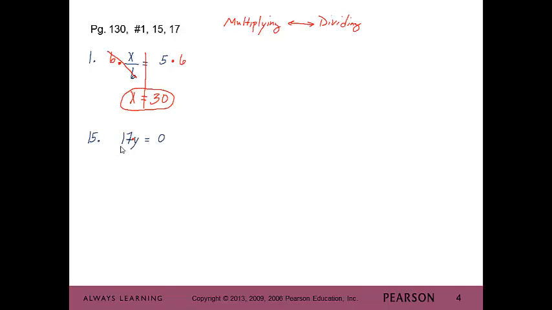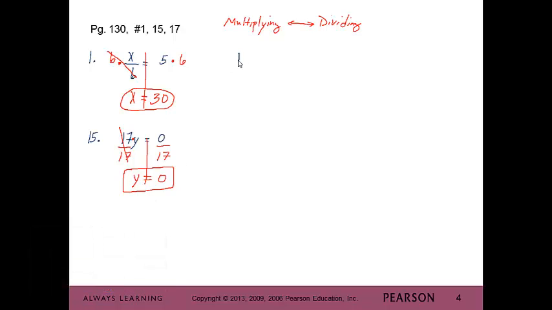So what's the opposite of multiplying? Dividing. So we're going to divide both sides by 17. We have y on the left side equals, well, 0 over 17 is 0. And of course you can check it. 17 times 0, well, that gives you 0.